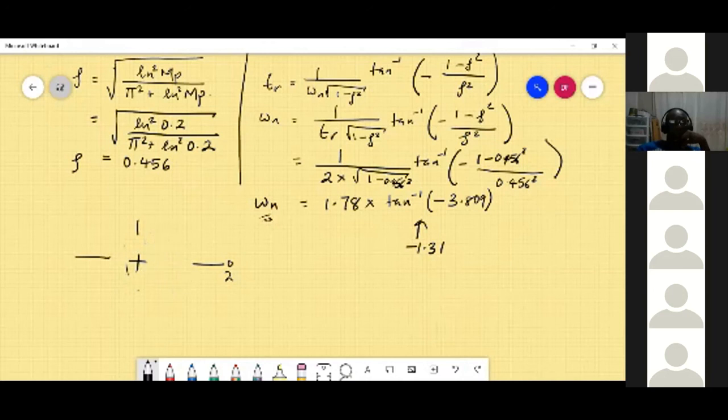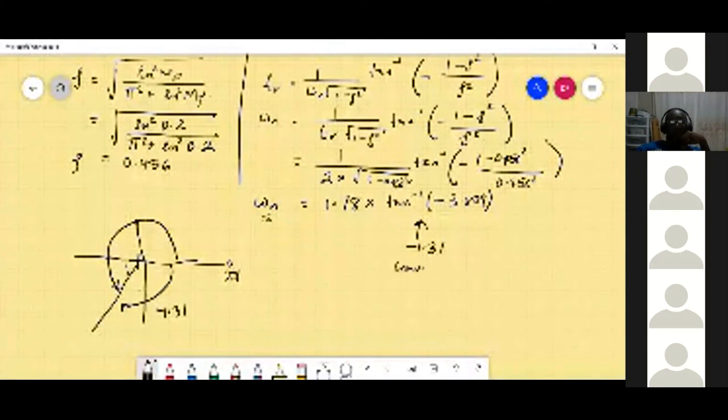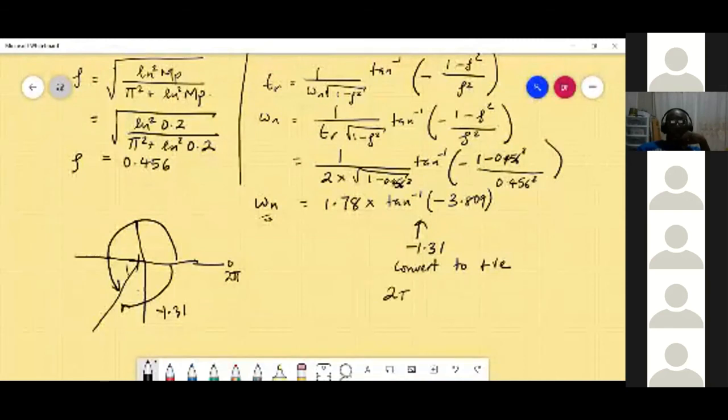So the whole entire circle is 2 pi. Going back this way, we have negative 1.31. So what is it going this way? So we convert to a positive value. We just say 2 pi minus 1.31.